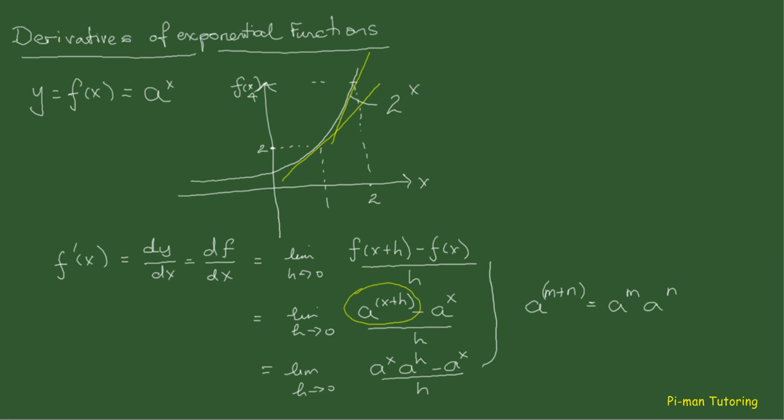So let's continue up here. We can pull out that a to the x. So we've got a to the x limit as h tends to 0. What are we left with? Well, we've got a to the h minus 1 divided by h.